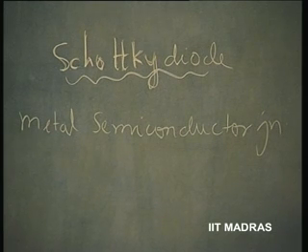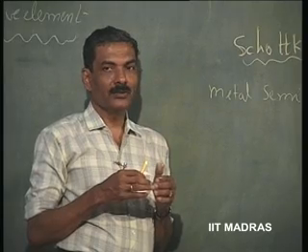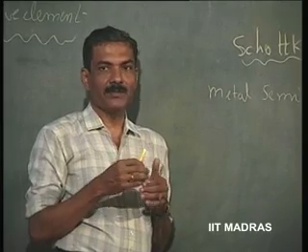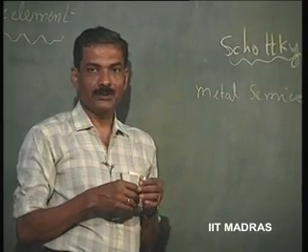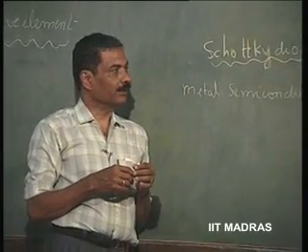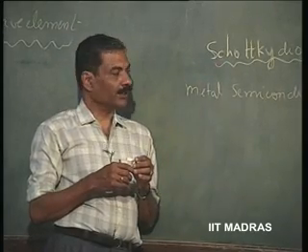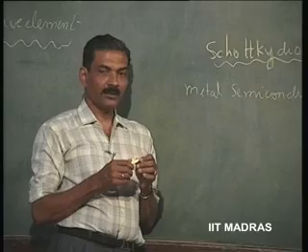In fact, all high speed circuits have a Schottky diode connected between collector and base of a transistor to prevent it from going deep into saturation and becoming slow. So, for high speed applications, this Schottky diode is used, which is a metal to semiconductor junction.